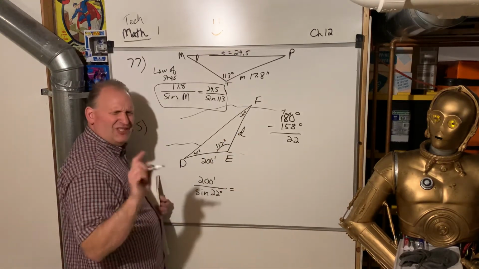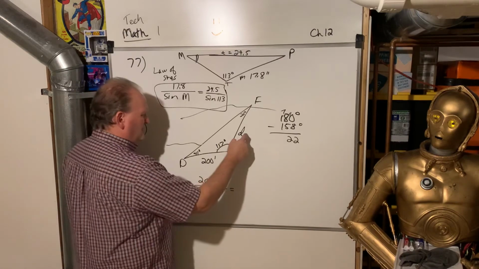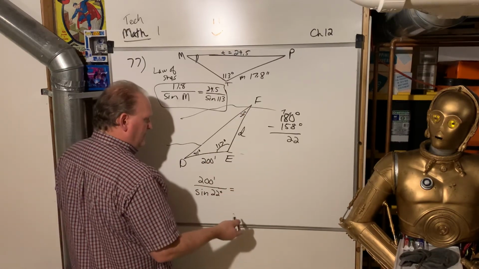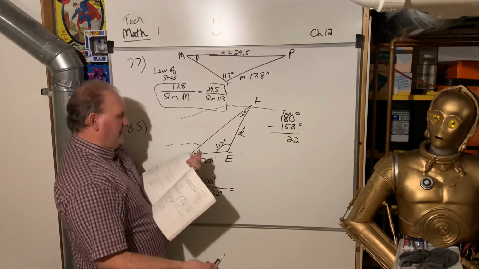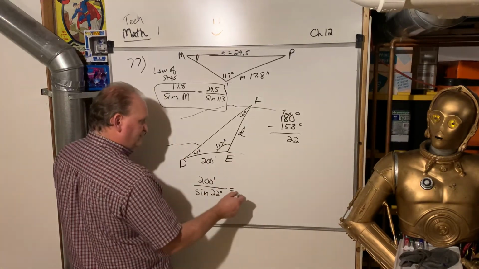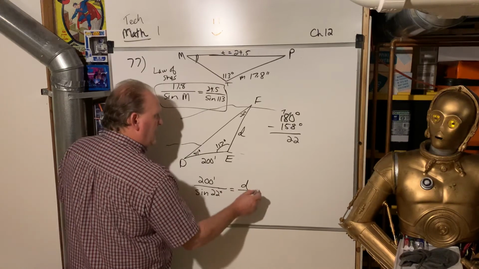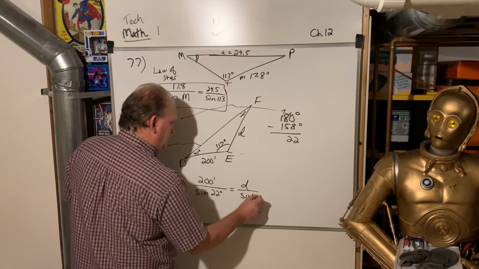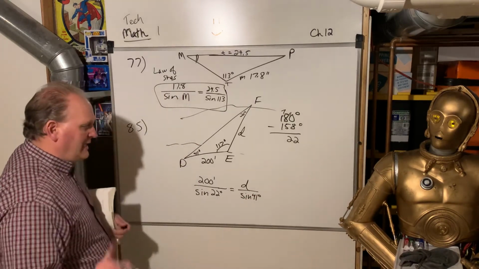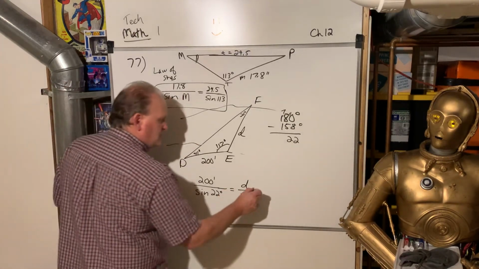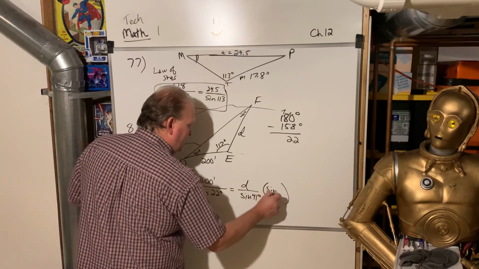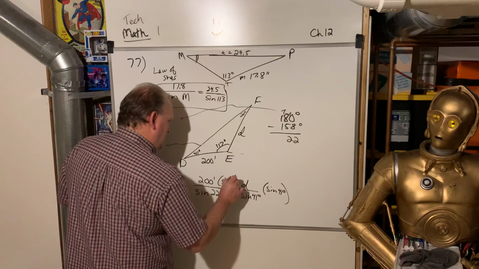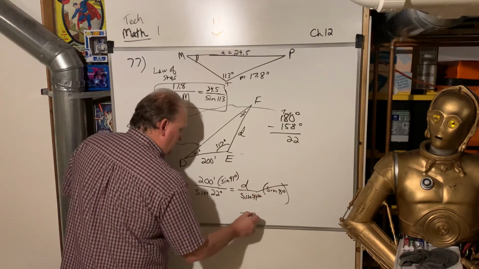It's strange to use two letters for a length, so we'll just call it side D. That's what we're looking for, the distance across the lake or river, I think, river. And that is over the sine of 41 degrees. And now you don't really have to cross multiply and solve here. You can just multiply both sides by the sine of 41 degrees. And then that just cancels, and so there's your distance.